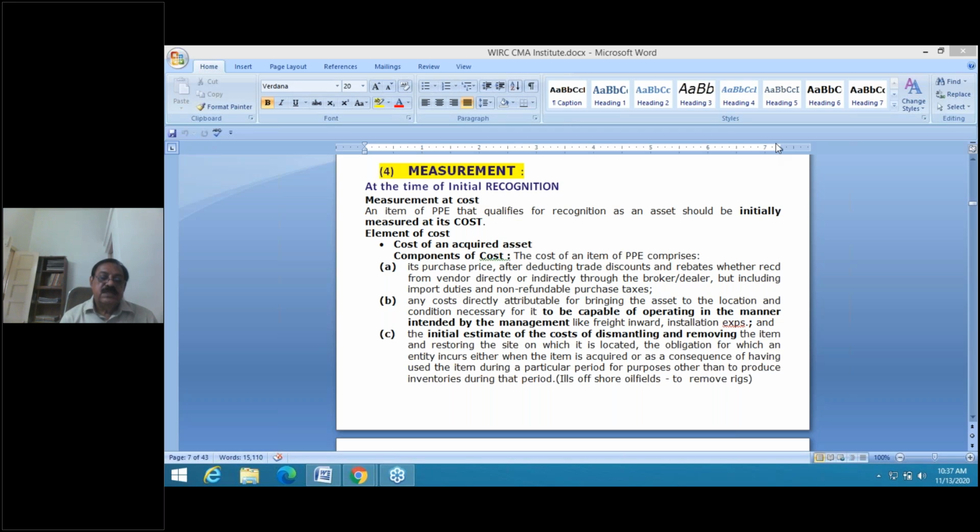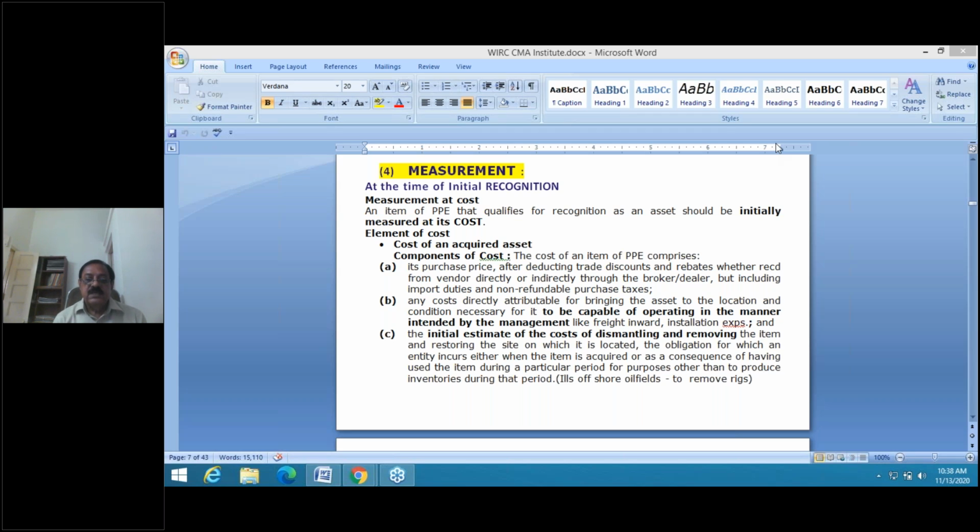Then third, the initial estimate of cost of dismantling and removing the item and restoring the site on which it is located. The obligation for which an entity incurs either when the item is acquired or as a consequence of having used the item during a particular period for purposes other than to produce inventories during that period. Here I can give you one illustration of offshore oil fields. Like Reliance is extracting oil from sea.